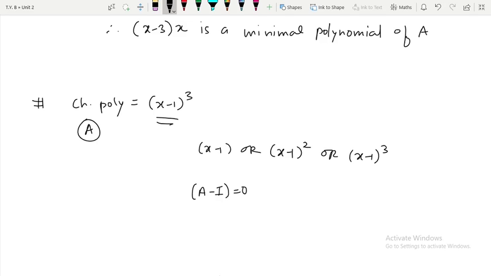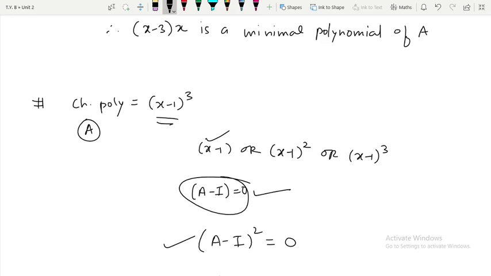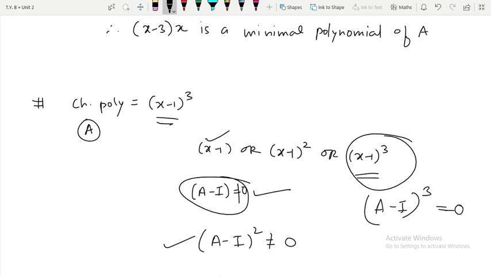Obviously, if A is the matrix and it comes out to be 0, then this will be the minimal polynomial. Then you go for A minus I whole square. You check whether this is 0 or not. If this comes out to be 0, then this will be the minimal polynomial. But if both are non-zero, then directly you can say that this is the minimal polynomial. No need of calculating A minus I cube, because it is going to be equal to 0 by the Cayley-Hamilton theorem. Okay, so this is what I wanted to tell you.